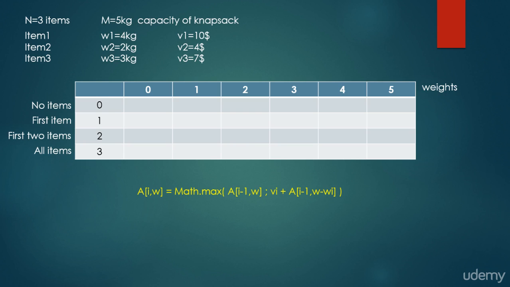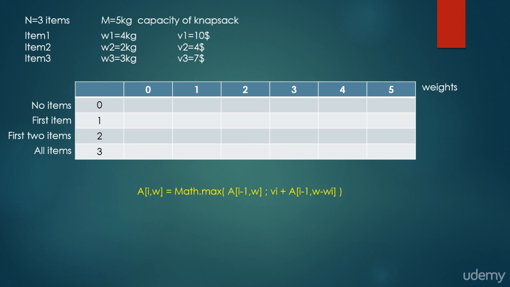And of course, it's worth mentioning the magic formula in yellow: A[i][w] equals Math.max(A[i-1][w], ...). This is the situation when we do not take the item with index i.